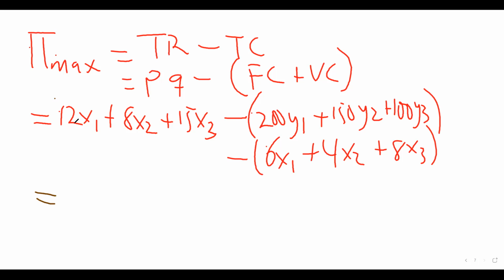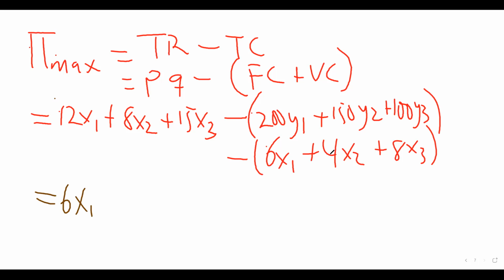I know somebody is going to ask me later, how did I get my answer? So please, I want you to check. I'm going to take the x1s minus each one of these, the x2 minus each one of these, the x3 minus each one of these. I'm going to do 12 minus 6. That will give me 6x1. I want you to follow me before I finish. 12 minus 6, because each one of them will be multiplied by minuses here.